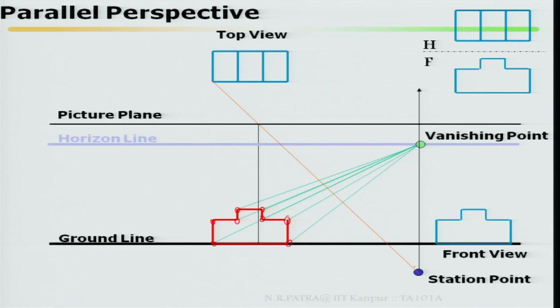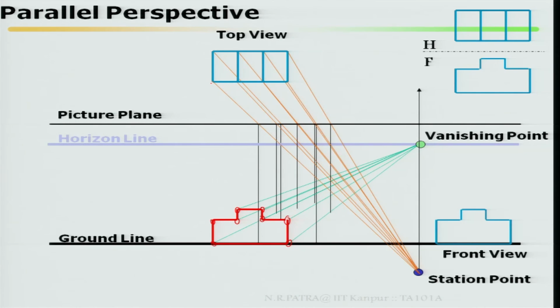So, from the station point, look at the outer edge, it intercepts here, draw a line. Then similarly the second point intercepts here, draw a line, third, fourth. Then similarly for the outer, you draw a line, draw a line, draw a line.